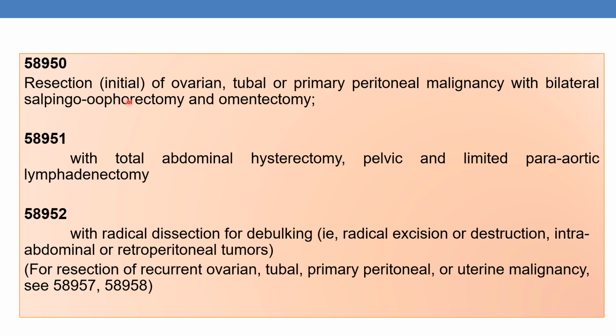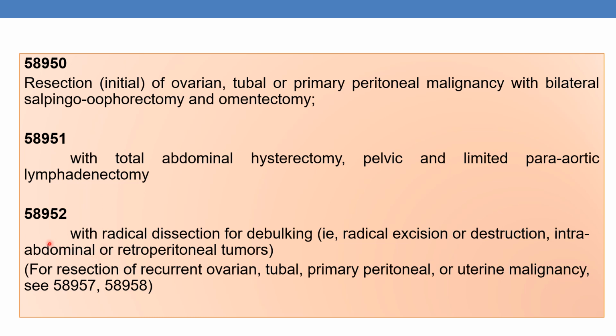Initial resection of ovarian, tubal or primary peritoneal malignancy with bilateral salpingo-oophorectomy and omentectomy. Next is 58951. Initial resection of ovarian, tubal or primary peritoneal malignancy with total abdominal hysterectomy, pelvic and limited para-aortic lymphadenectomy.